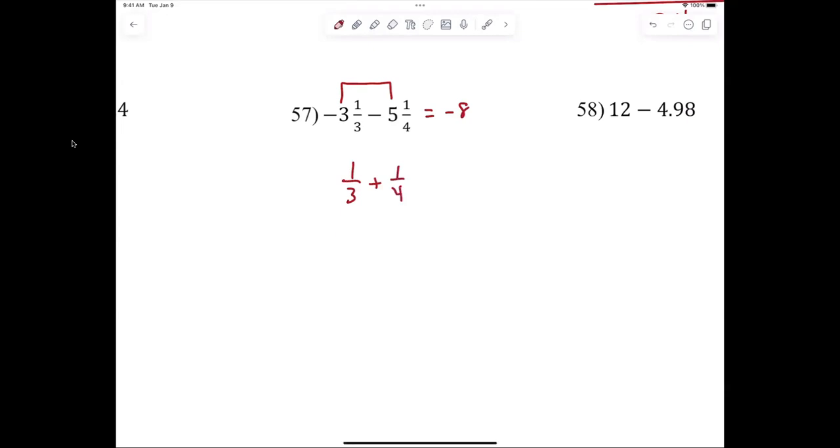Common denominator is what? 12. Multiply the first fraction by, second fraction by, final answer of that fraction when I add them, 7 over 12. So now I just put that back up there. -8 and 7/12. Everybody good with that?